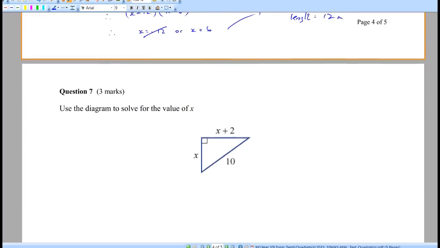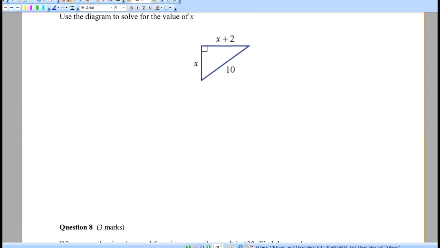Okay, let's go down. We've got a little Pythagoras question. We would write Pythagoras' theorem here, which is x squared plus (x plus 2) squared is equal to 10 squared, and then we'd simplify it: x squared plus x squared plus 4x plus 4 equals 100. Don't forget that 1 plus 1 gives 2x squared plus 4x, bring the 100 over, minus 96 equals 0.